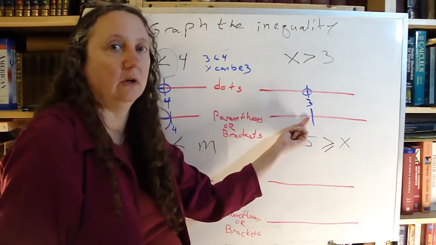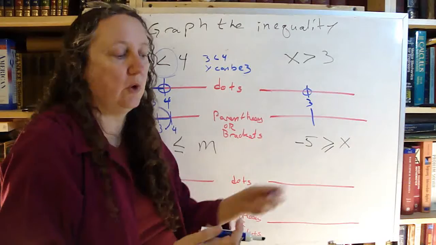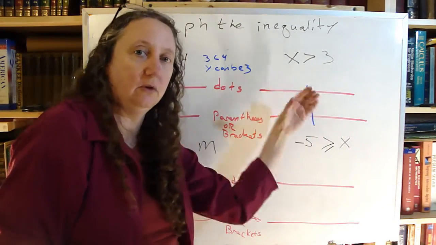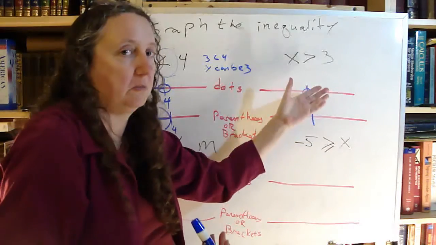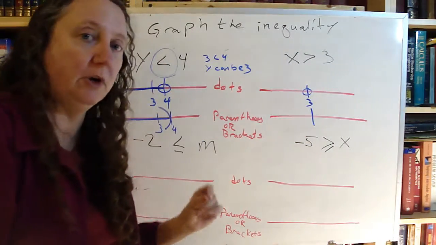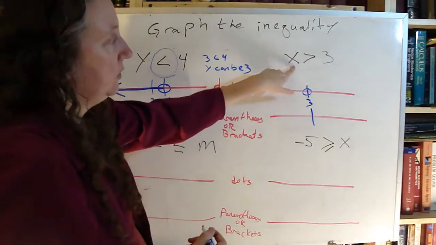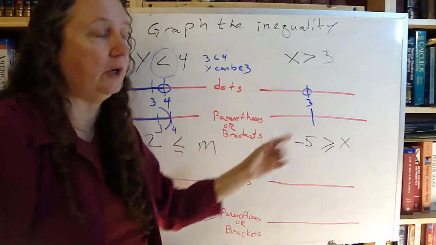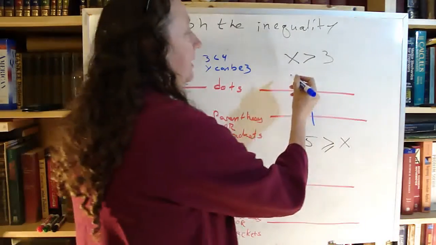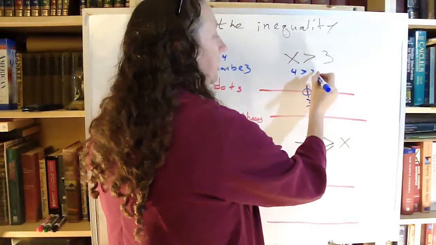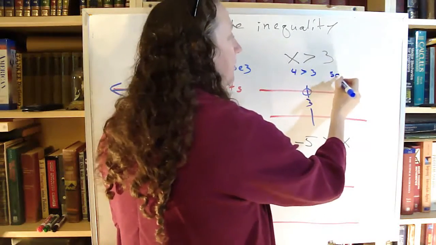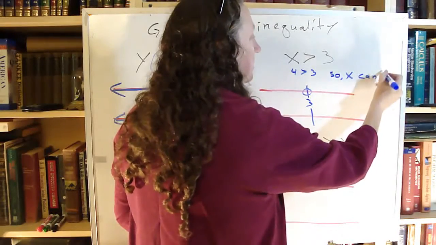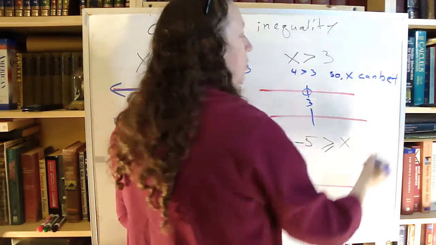With a parentheses here, I don't know which way I'm supposed to put them. Am I supposed to have a closing parentheses, or am I supposed to have an opening parentheses? I got to think about this a little bit more before I decide. So I see x is greater than 4. Sorry, x is greater than 3. So I think about 4 is greater than 3, so x can be 4.